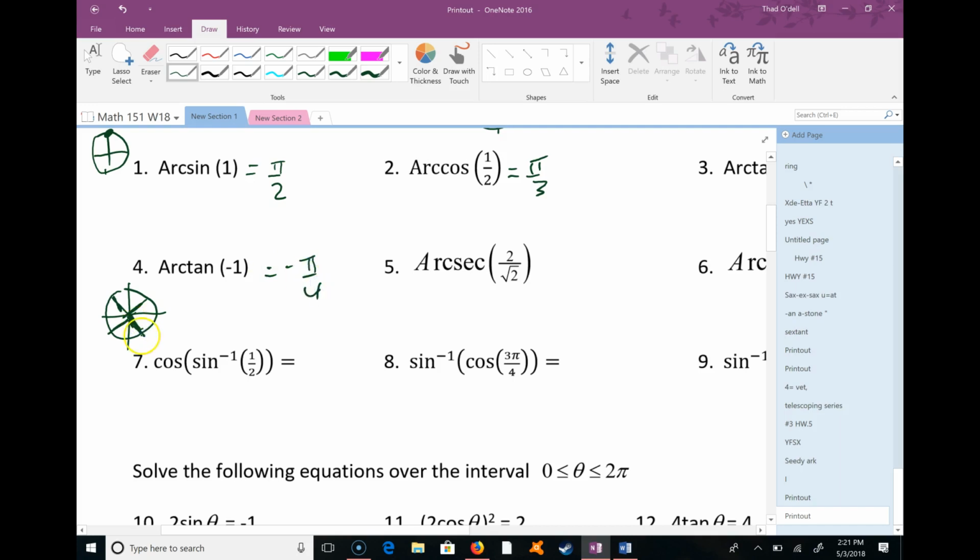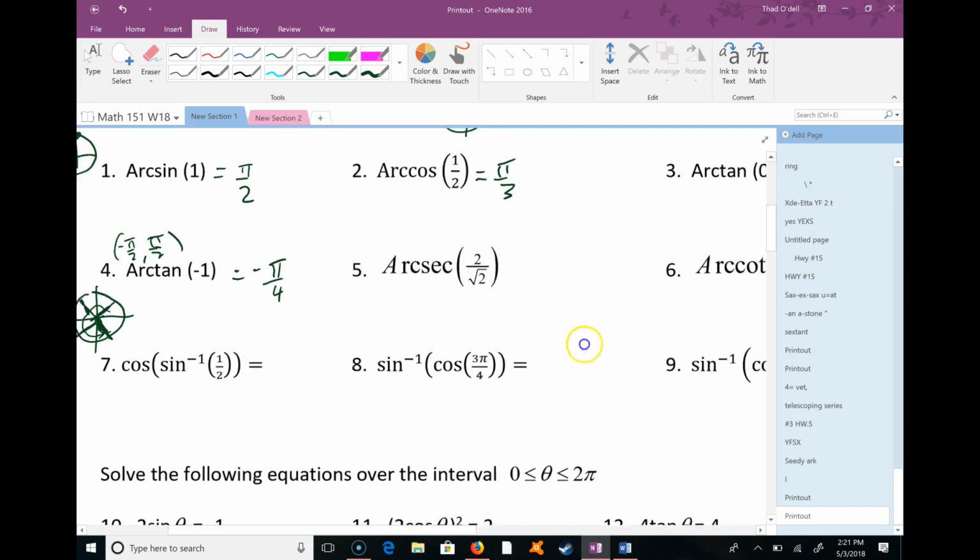Notice that 7 pi over 4 has its terminal side there, because 7 pi over 4 and -pi over 4 are coterminal angles. But keeping in mind that arctangent has to come from -pi over 2 to pi over 2, the answers are found in that range. So that's why we chose -pi over 4 as our answer.